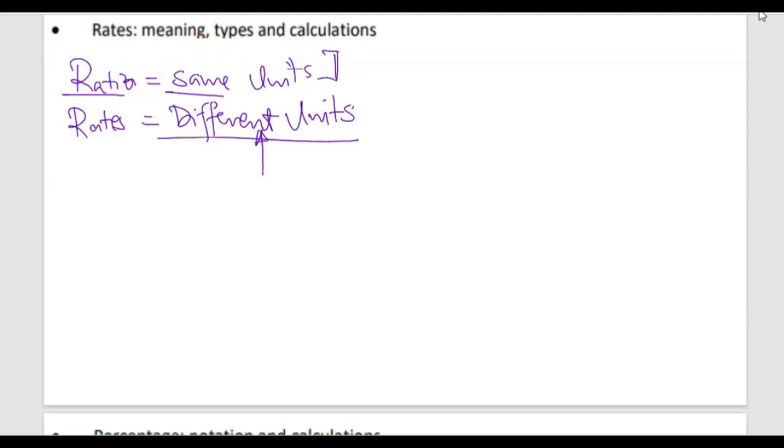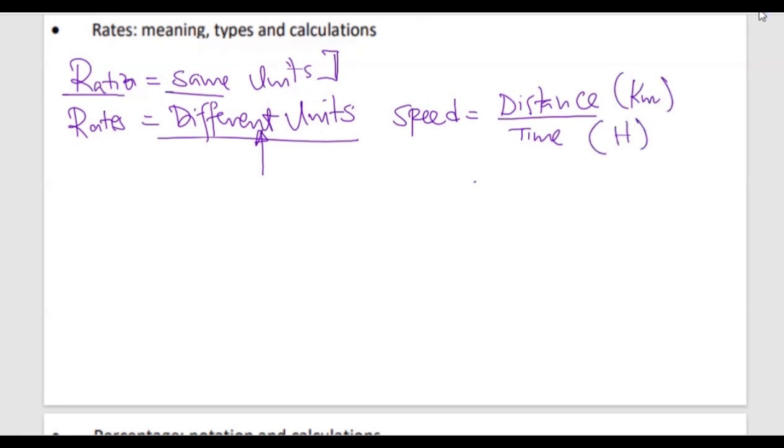An example is the one for speed. Speed, we are looking at distance over time, where the unit for distance is kilometers and the time is hours. That's why at the end of the day we say kilometers per hour. These are rates.